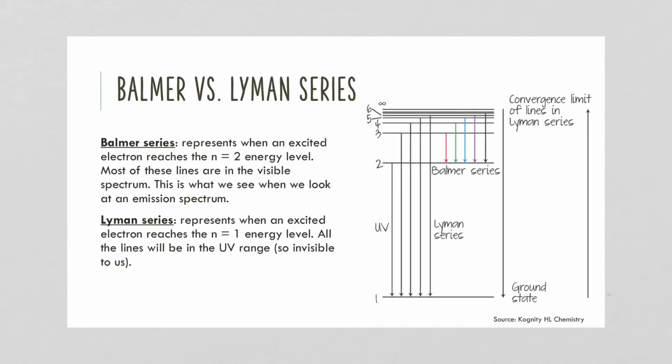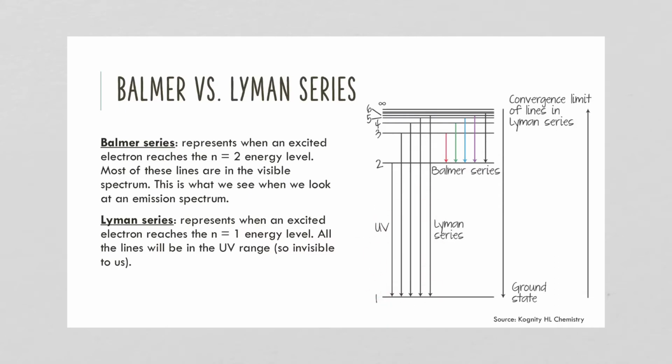It represents when an excited electron reaches the n equals 2 energy level. Most of these lines are in the visible spectrum, and this is what we see when we look at an emission spectrum. The Lyman series represents when an excited electron reaches the n equals 1 energy level. We can't see these ones though because this is in the UV range, so they're invisible to us.